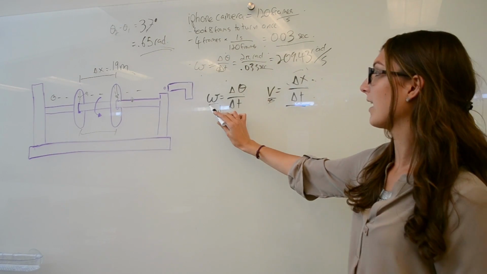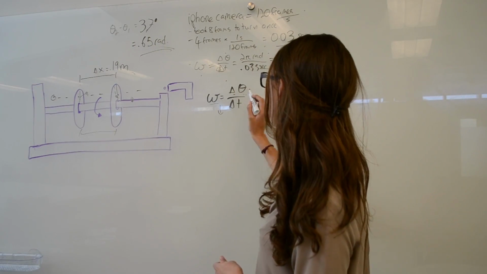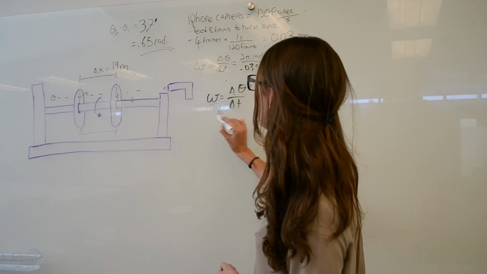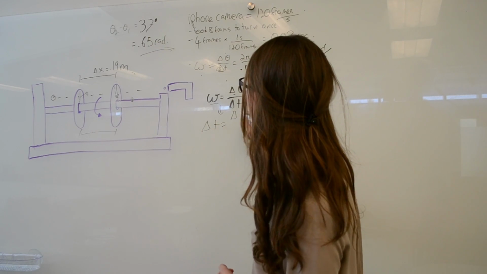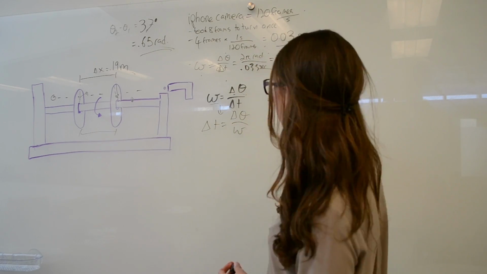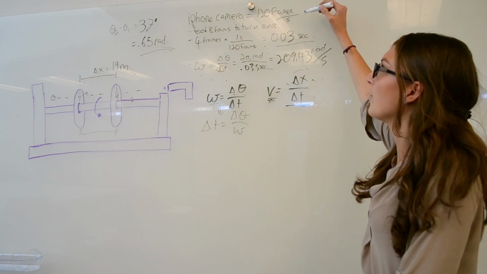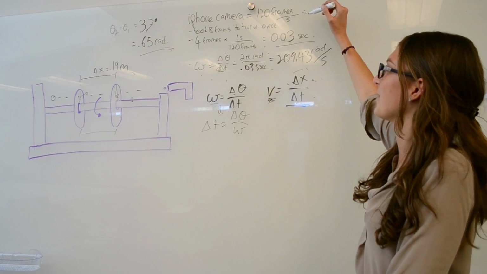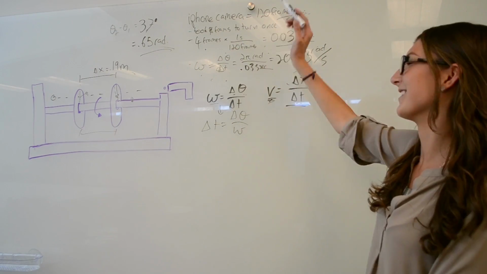We know that omega is equal to delta theta over delta t, the change in theta over t. So we could rearrange this equation to have delta t equal to delta theta over omega. We found omega by knowing that the iPhone camera has 120 frames per second. It took 4 frames to turn once around.